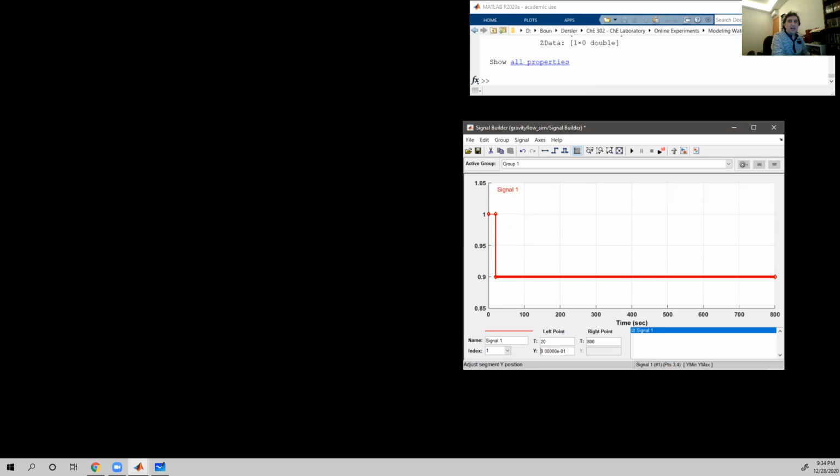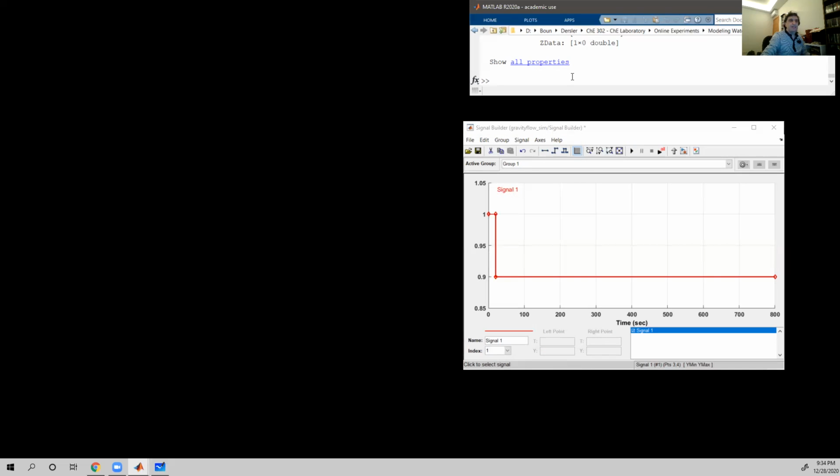So let's run this system for 500 or 600 seconds. If it takes too long, I can always pause the video and cut that part. All right, so it's going to run for 600 seconds, and let's animate the tank.